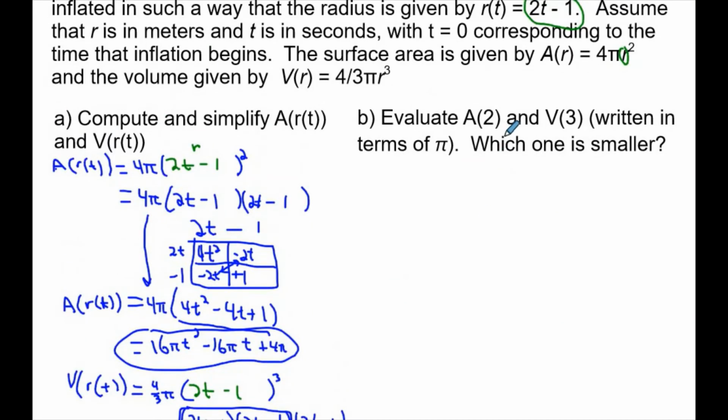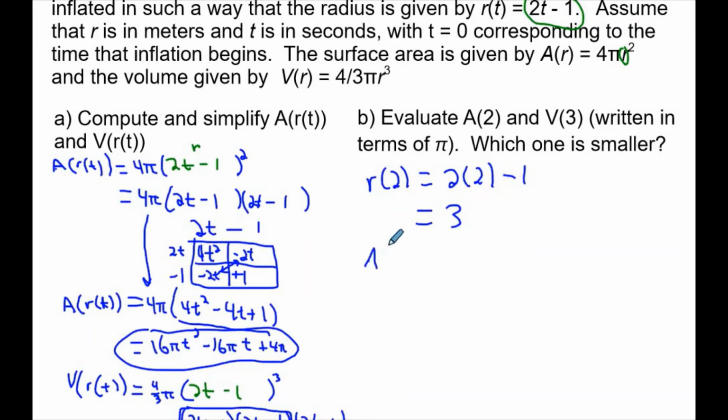So that's an interesting thing to think about. So if I were to find A of 2, A would have to go into, notice it doesn't go into T, it has to go into R. So it probably would be easier to find R of 2. Okay, so R of 2 would simply be 2 times 2 minus 1. So R of 2 is just 4 minus 1, or 3, and then plug that into here.